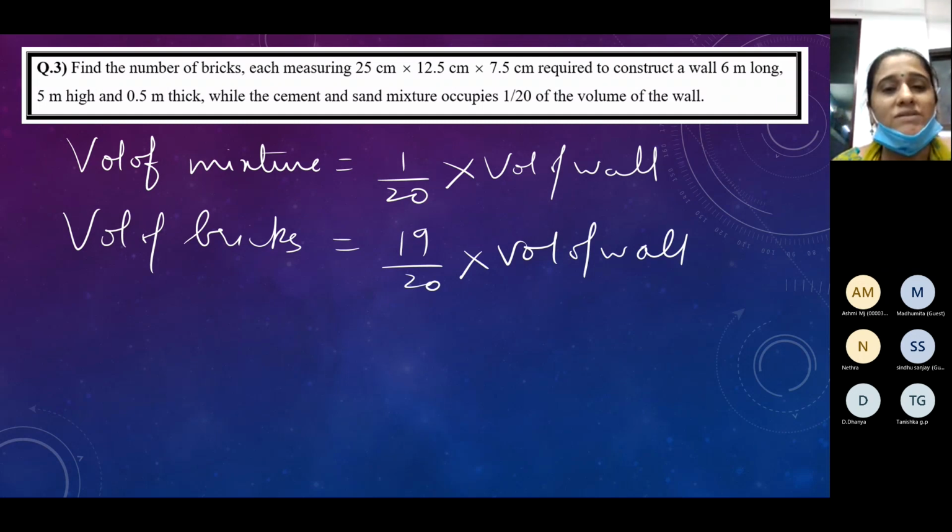For 30% of the class are boys, 70% of the class are girls. So like that, 1/20 of means multiplied by. What is the total here? The wall. The wall is the full thing. So 1/20 of the volume of the wall is the mixture, and 19/20 of the volume of the wall is the bricks.